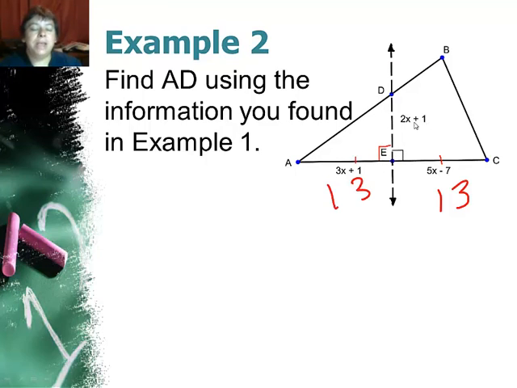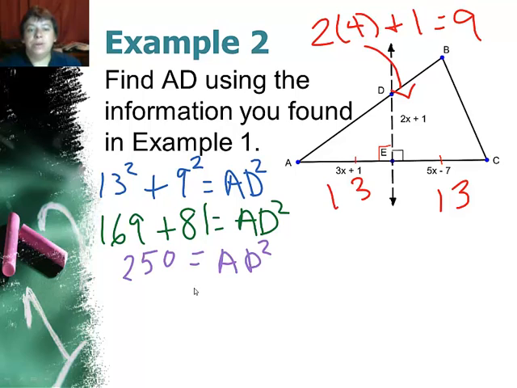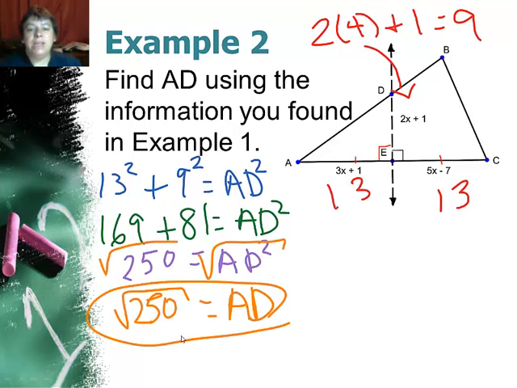If I know this length, then I can use the Pythagorean theorem to find AD. So I go ahead and substitute in the X equals 4 in there, 2 times 4 plus 1, which is 9. Now I use the Pythagorean theorem. 13 squared plus 9 squared equals AD squared. So I have 169 plus 81. Then I get 250. So AD is the square root of 250.